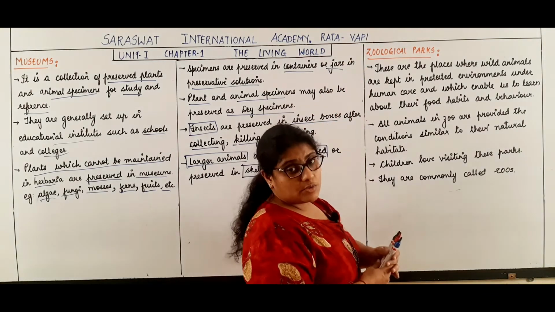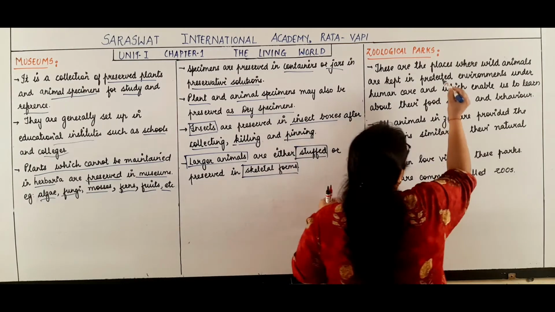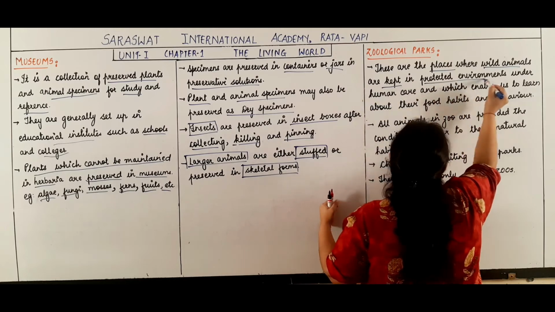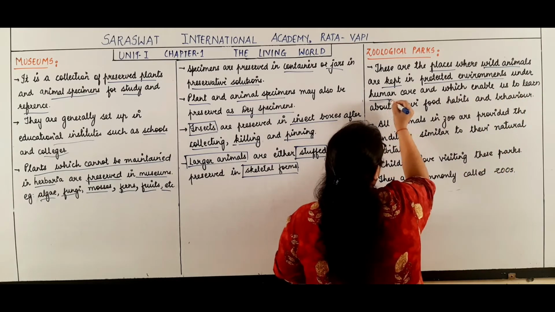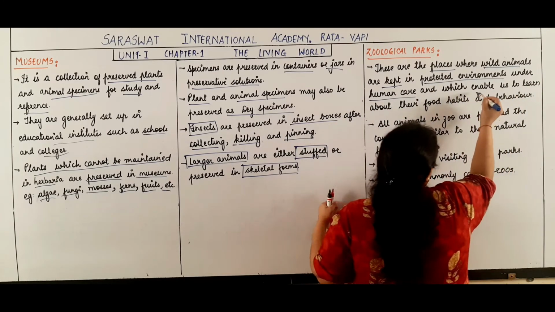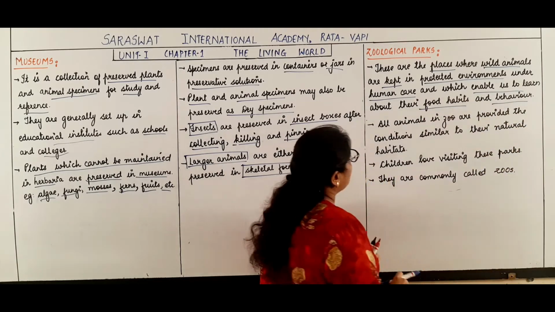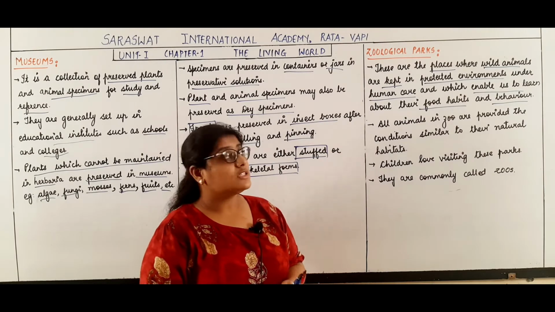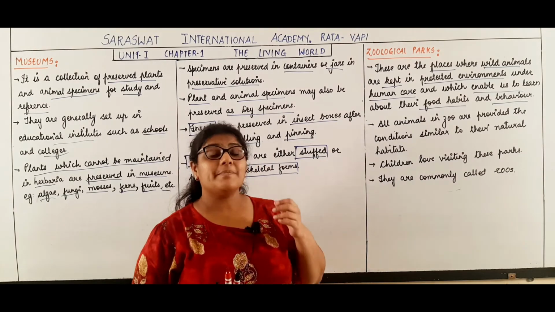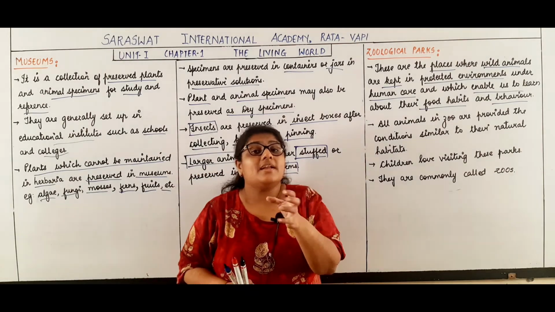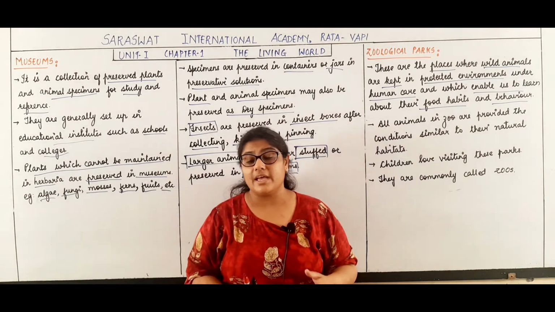So what are zoological parks? They are the places where wild animals are kept in the protected environment under human care, and it enables us to learn about the food habit and behavior. So basically what is a zoological park? It is a place where wild animals are kept in the protected environment under the human care.